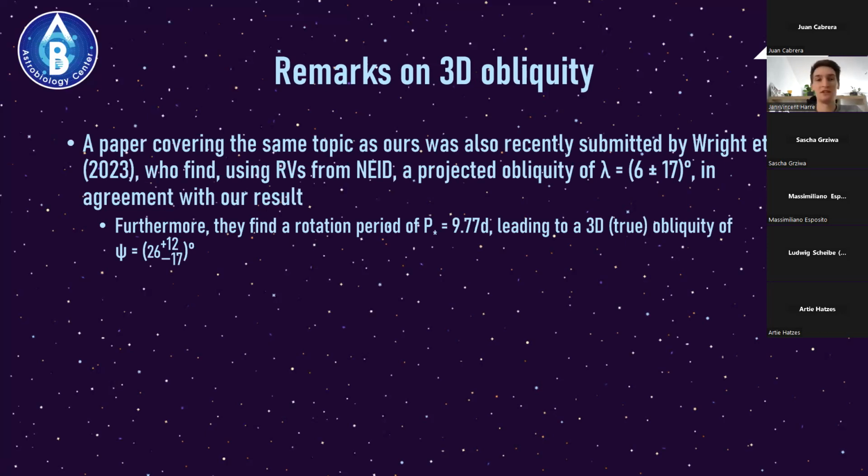And they didn't use any of the HARPS North or of the HARPS data that were available. They also find a rotation period of the star in the TESS light curves of 9.77 days, which they can use to infer the true 3D obliquity of the star, which they find to be 26 plus 12 minus 17 degrees.